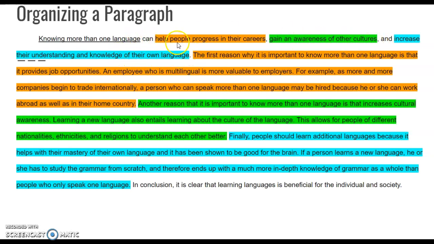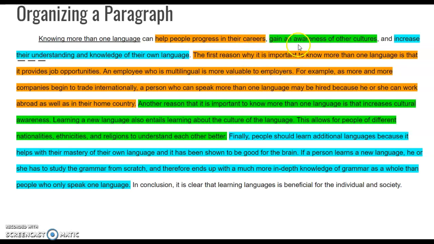So if you look at this first controlling idea in orange highlight, that matches with this first part of the body paragraph, where the writer explains the idea of how languages help people progress in their careers, and the writer also provides examples of this.